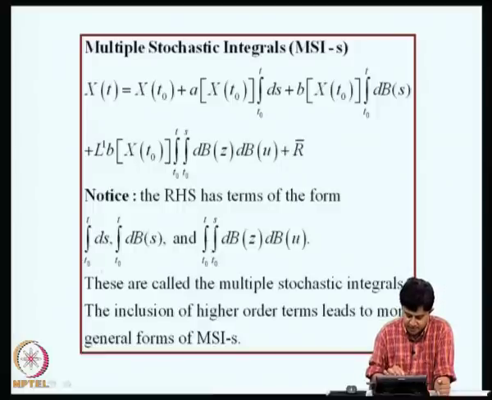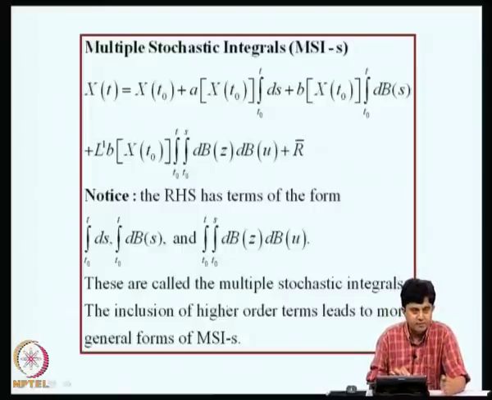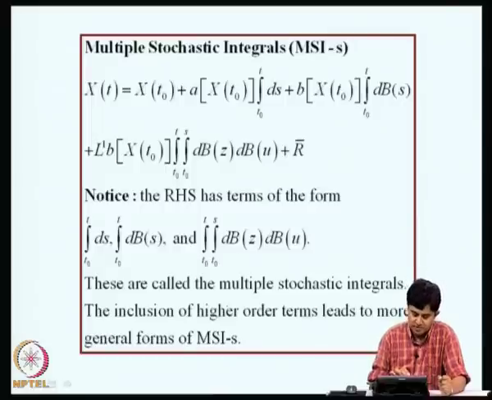These are all random variables. The first term of course is not a random variable, but these are. These are called multiple stochastic integrals, MSI. The inclusion of higher order terms leads to more general forms of MSI. So, in the Ito-Taylor expansion, on the right hand side we will go on getting these MSIs which are random variables.